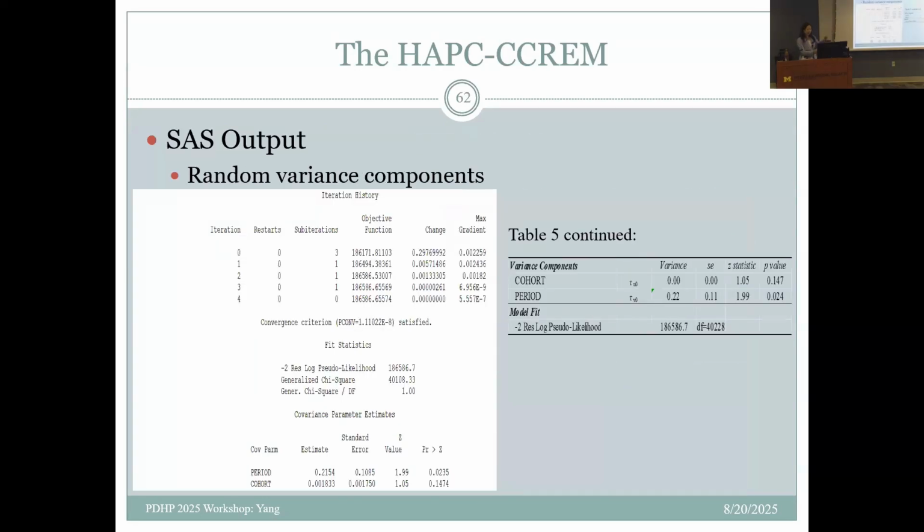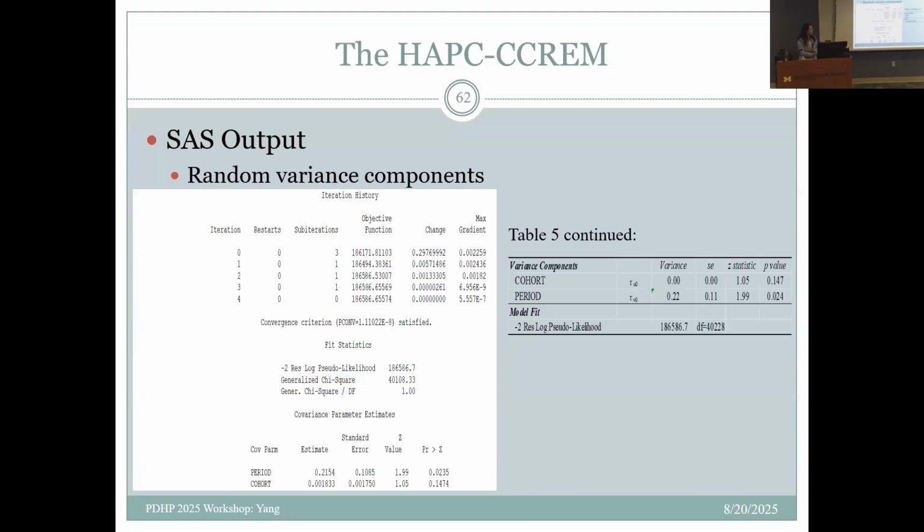And so this part is the test of the random variance components part, where at the bottom there's some small numbers here, but if you look at covariance parameter estimates, this is a little table where I put in here to correspond to our cohort random variance estimate, the z-test, which shows it's not statistically significant in this particular case, but for period, there's a sizable variance component, and that is statistically significant. And so this comes from this little box here in the output.